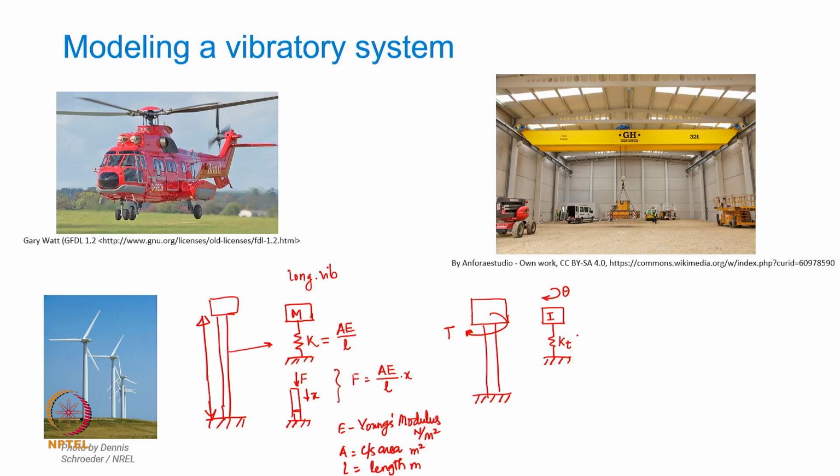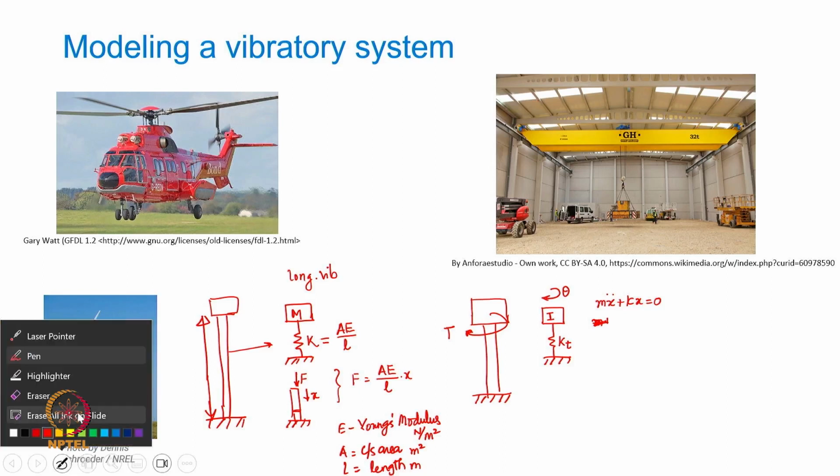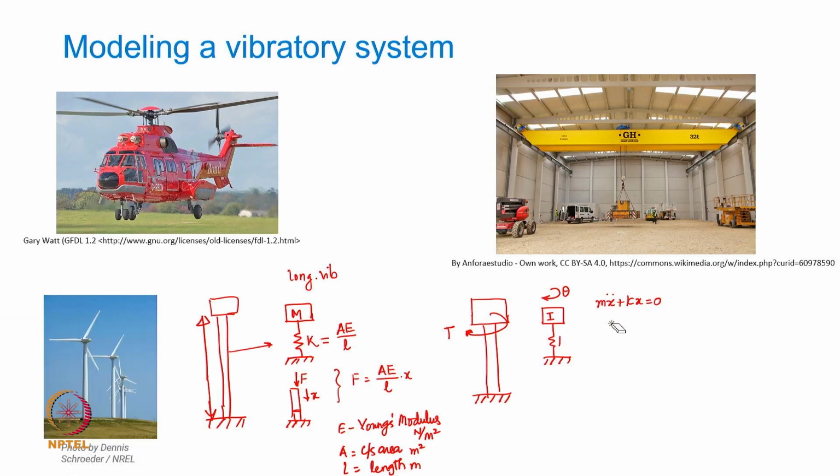Okay. Now, basically the governing equation of motion m x double dot plus k x equal to 0, the free vibration governing equation of motion, will now change to I theta double dot plus kT into theta equal to 0.